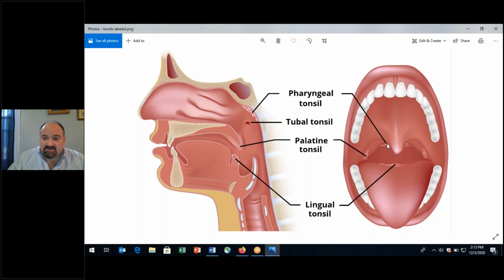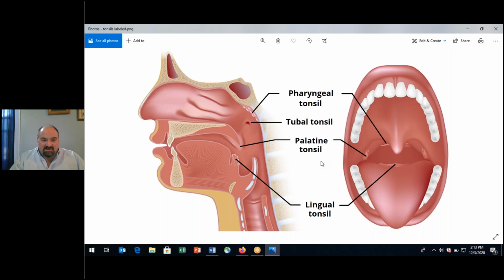What's interesting here is you'll see that it creates a ring of protection. These are present in order to help you, and you'll see that sometimes they're swollen. They're swollen because they're doing their job. You might even see little white pieces of stuff in the palatine tonsils.